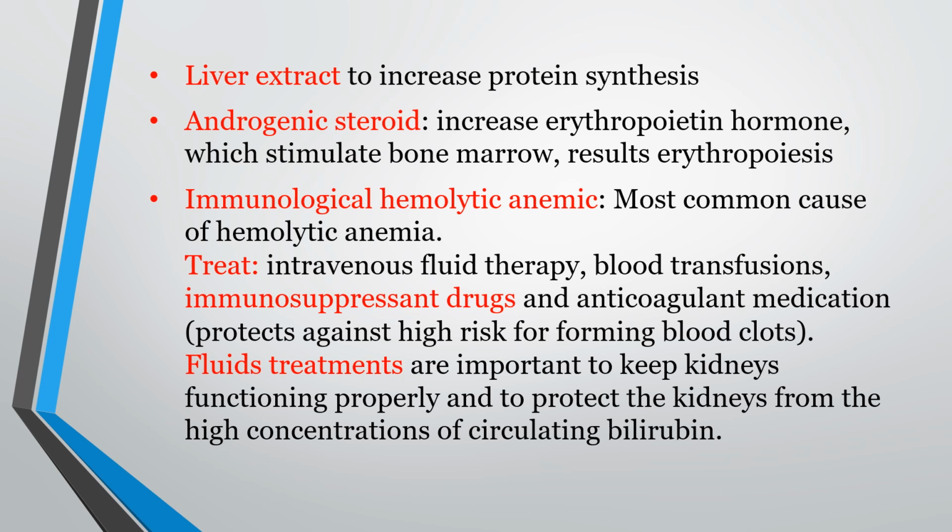Anticoagulant medication protects against the high risk of forming internal blood clots. Fluid treatment is also equally important to keep the kidney functioning properly and to protect both the kidneys from high concentration of circulating bilirubin. So for the health of the kidney, which works as a very good excretory organ, fluid treatment is also very important.